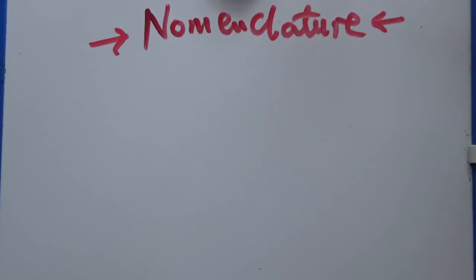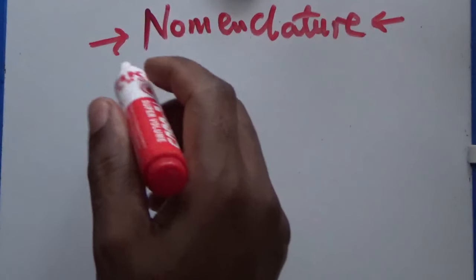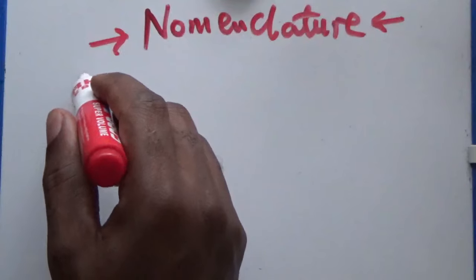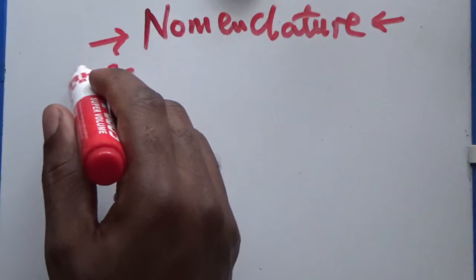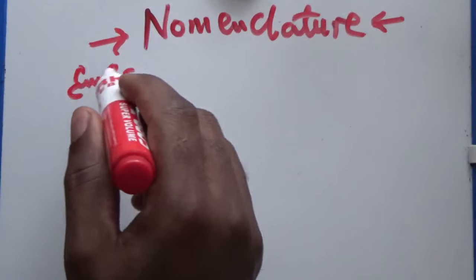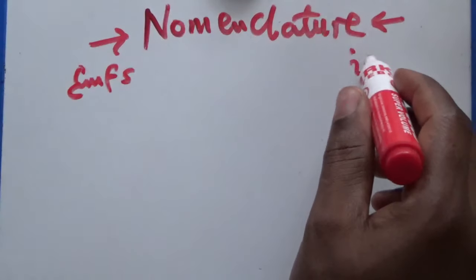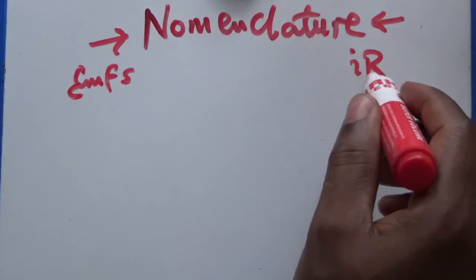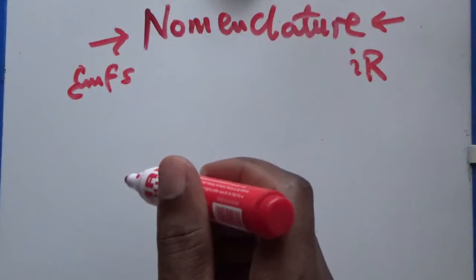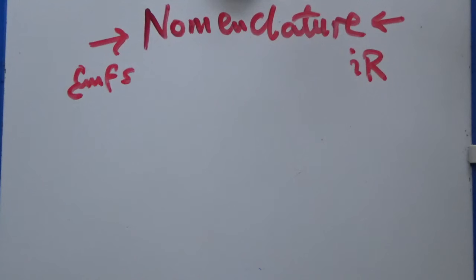For the voltages, that is the EMF and the potential drops, this is the nomenclature. We shall have the EMFs, and here we have the IR potential drops. This is going to be in relation to the loop.